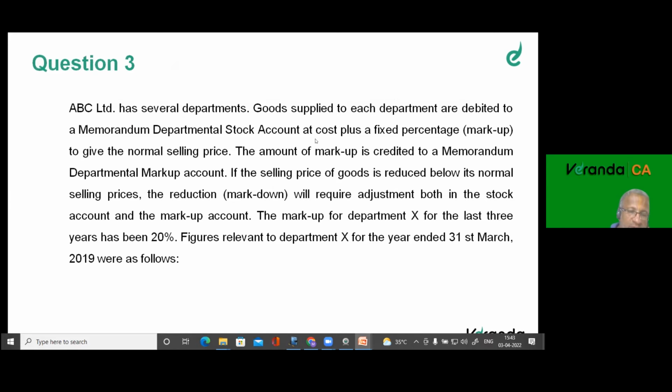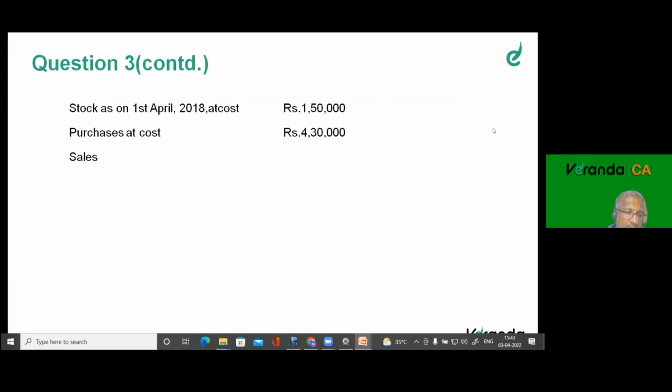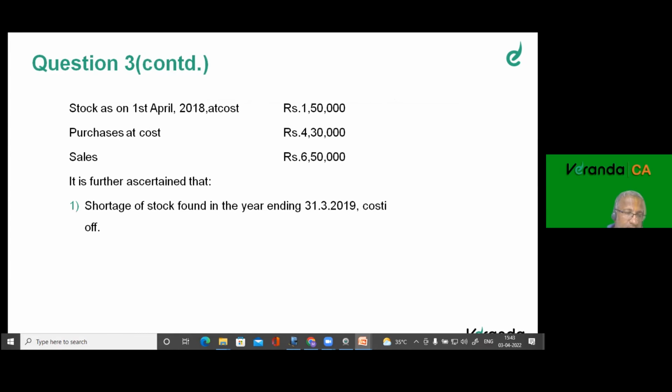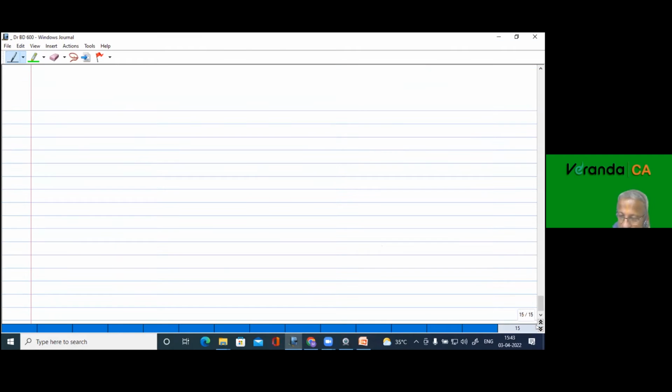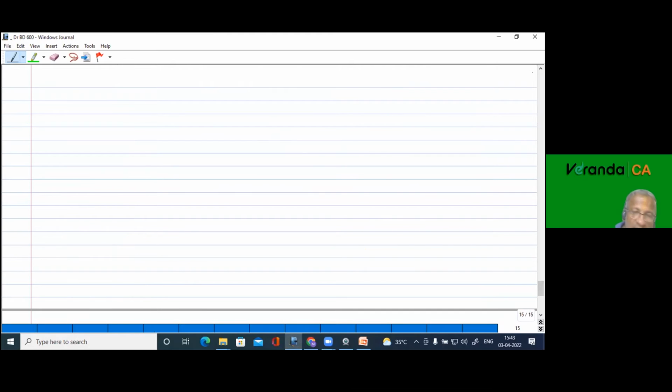Here they mentioned it as cost plus 20%. This is question number 3.